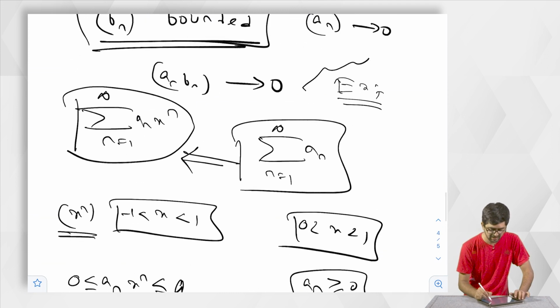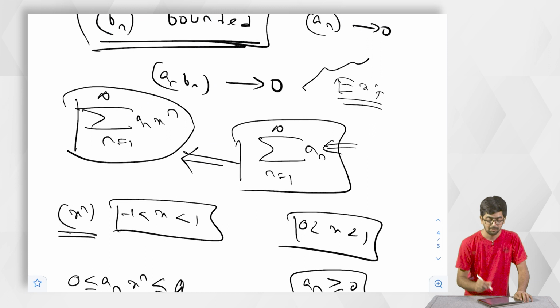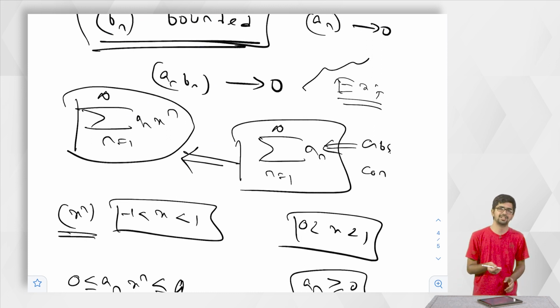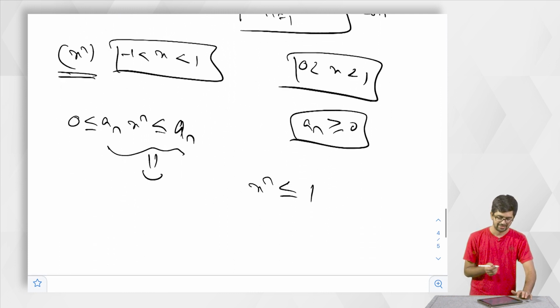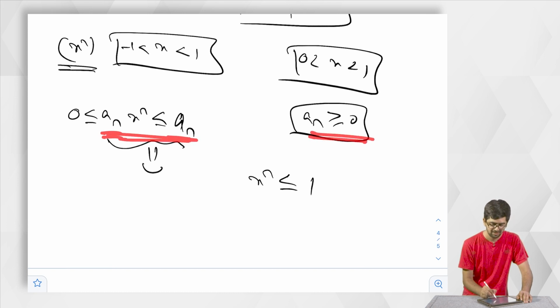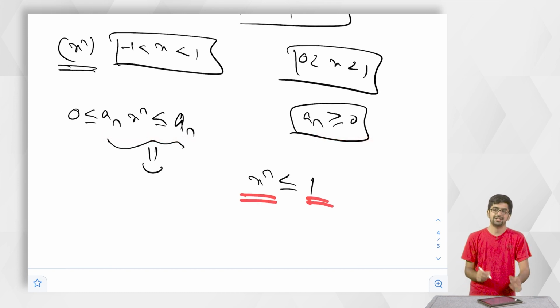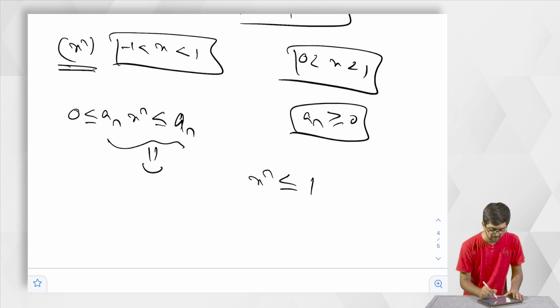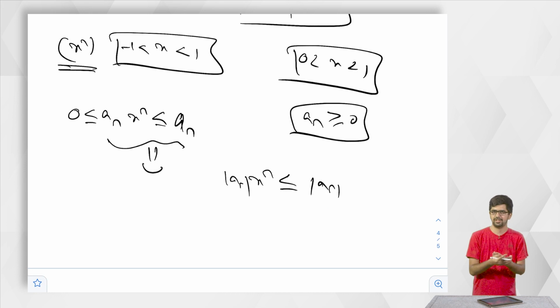Instead of asking that this is convergent, I am asking this to be absolutely convergent. Then what is the nice thing that is happening here? Earlier I multiplied both sides by an, assuming an is non-negative. Now I can multiply both sides by mod an, and mod an is already non-negative, so I can do that.